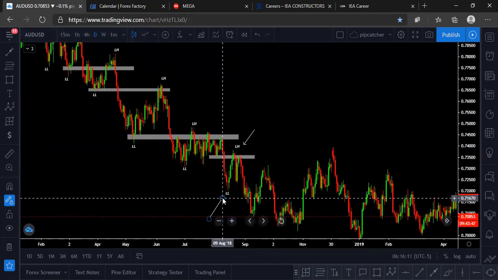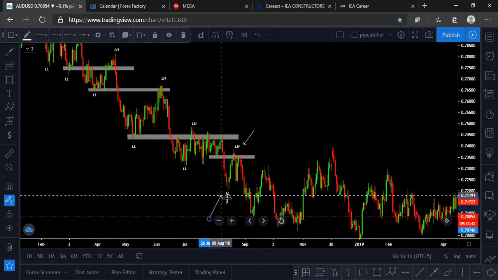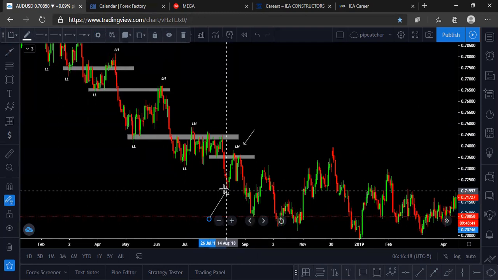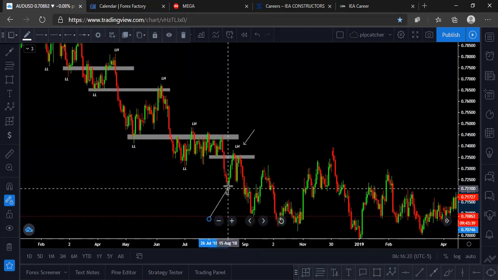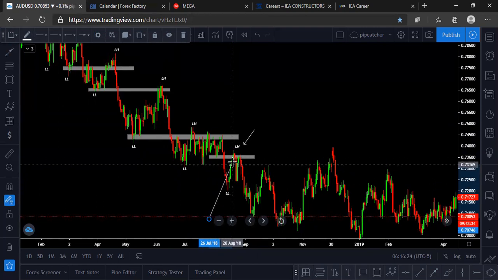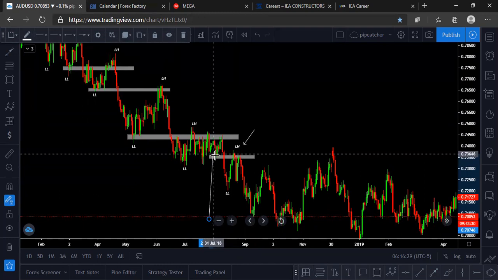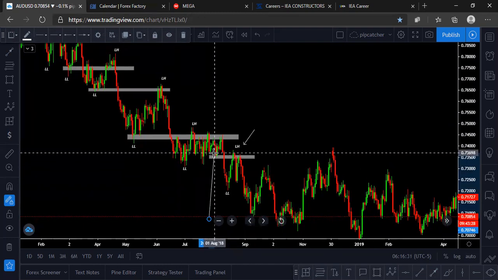So as we see price trade again to the downside, creating this lower low, we then see price retrace back up into that previous area of broken structure, right?